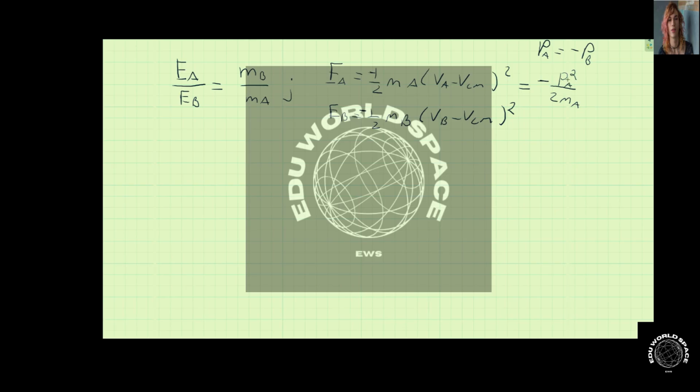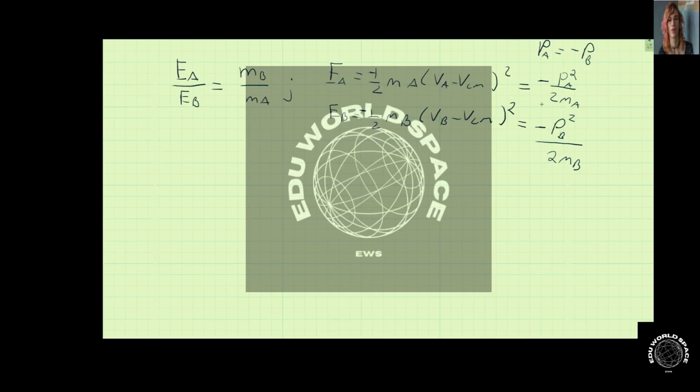So this is the kinetic energy the car has before the collision in terms of the momentum it has before the collision. We can do the same thing down here for B. So we're going to lose the amount of energy absorbed by car B, which is the momentum it has before the collision, squared, divided by 2mB. Cool. So now what I can do is set up the ratio.